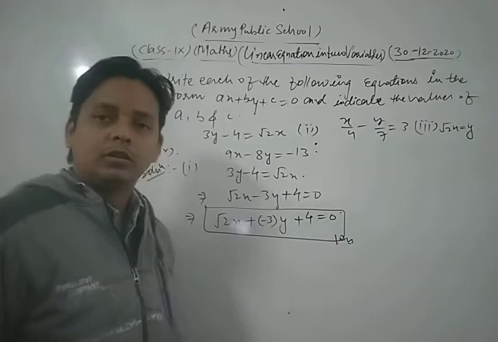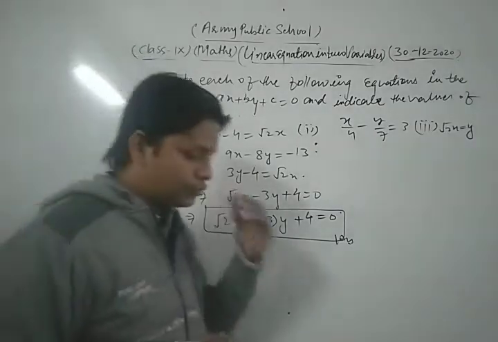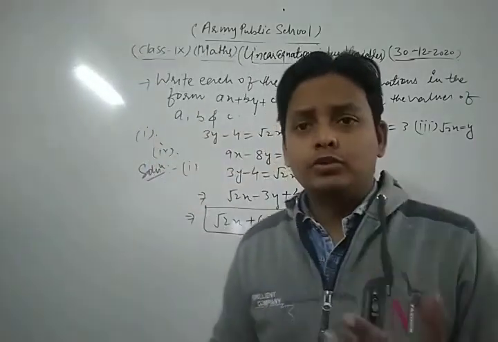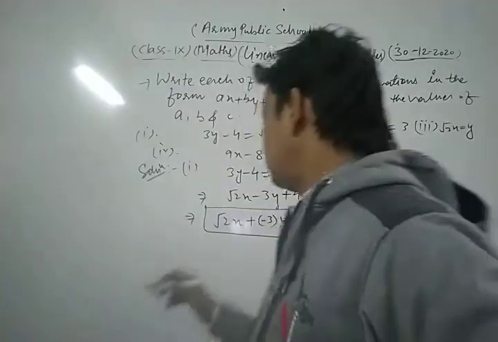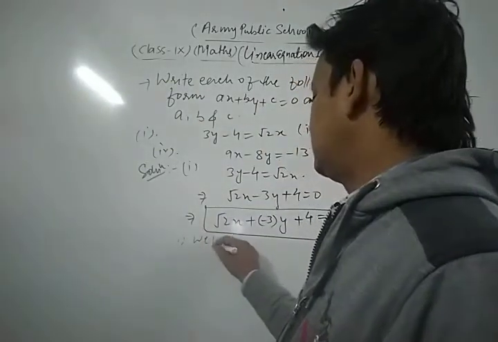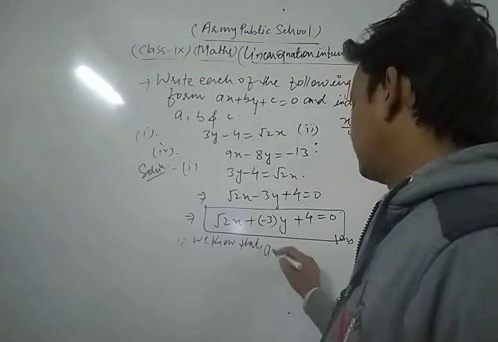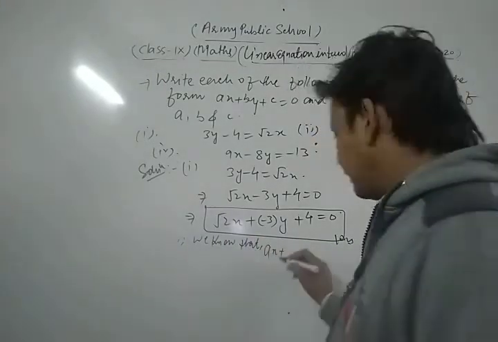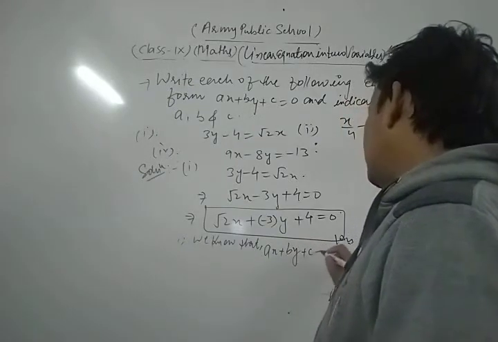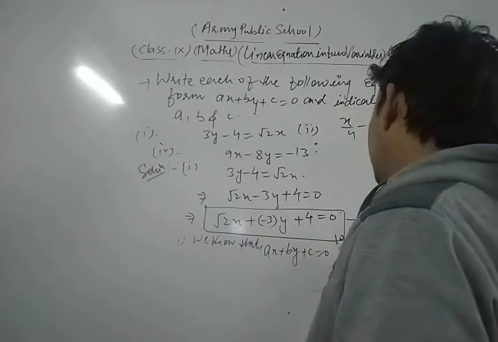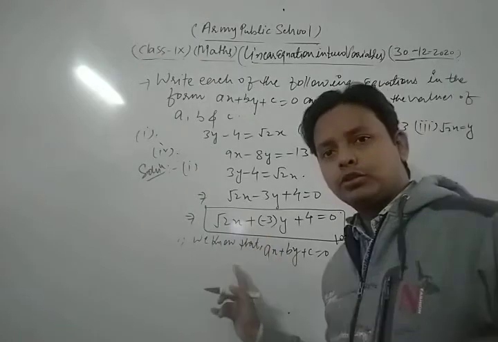Now, dear friends, we also indicate the values of a, b and c. Since you know that, dear friends, the original form of the equation is ax plus by plus c is equal to 0. This is equation 1, this is equation 2.